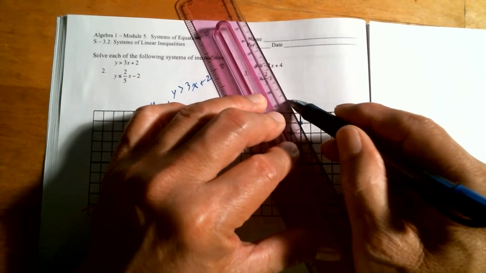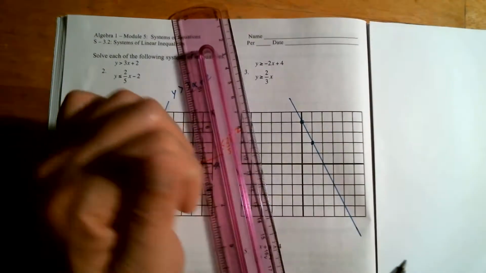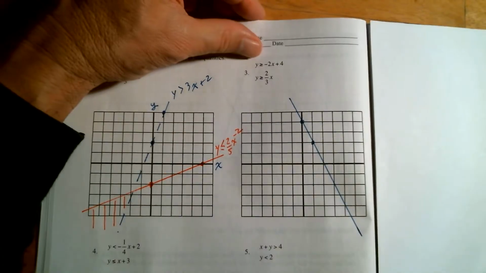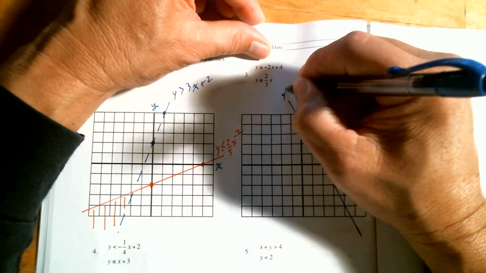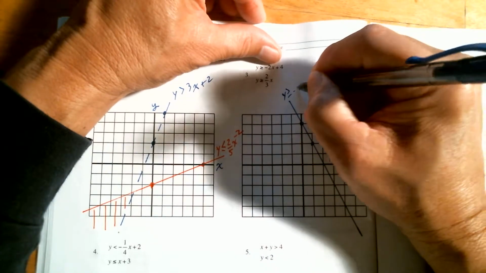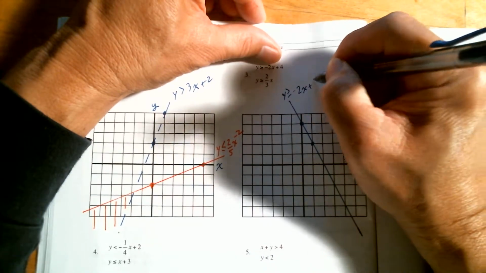So it is going to be a solid line. This is the one, y is greater or equal to negative 2x plus 4.